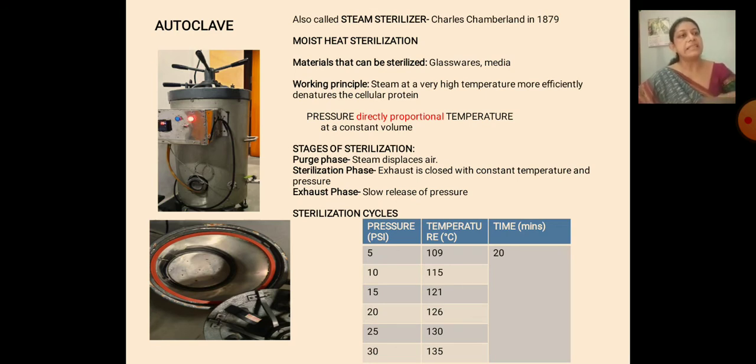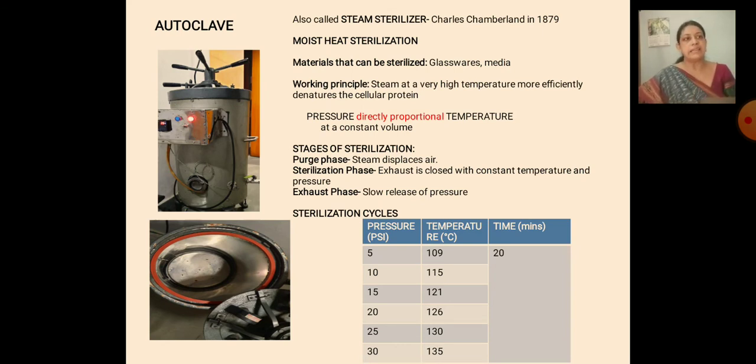When we close the valve, the steam inside has proper pressure, and this pressure increases the temperature. Now when this temperature increases, it leads to proper uniform sterilization of the items.